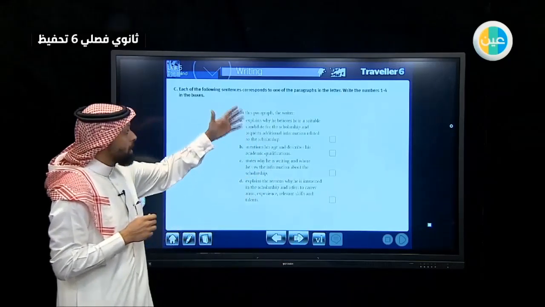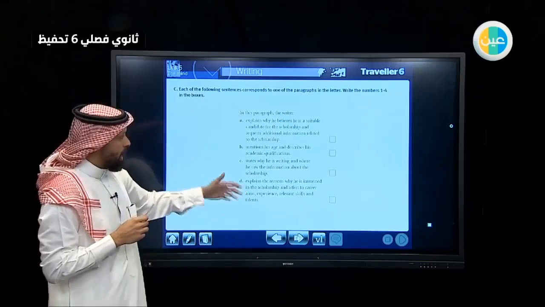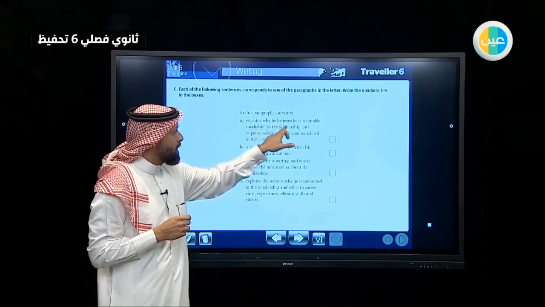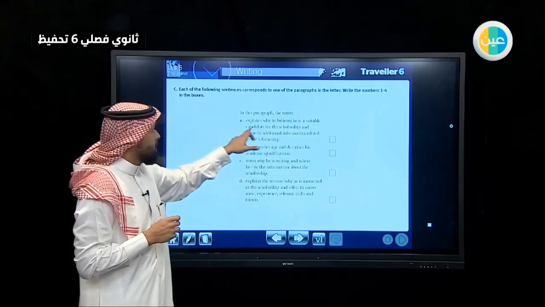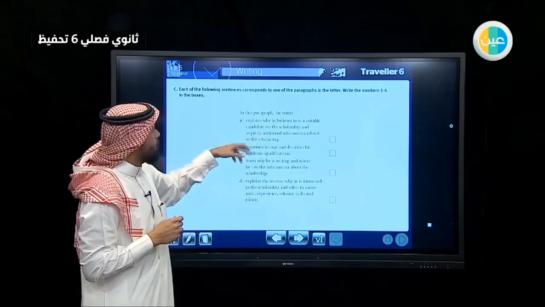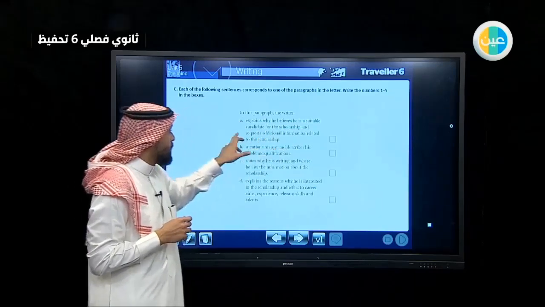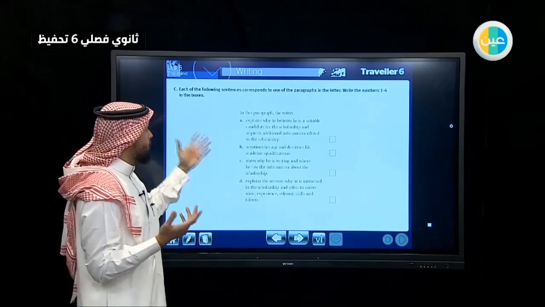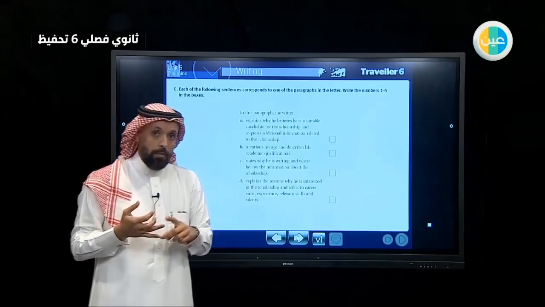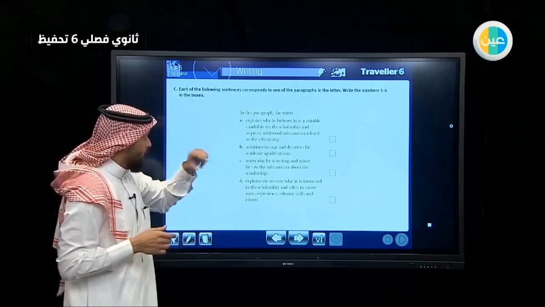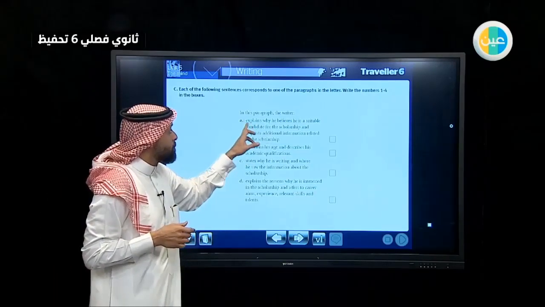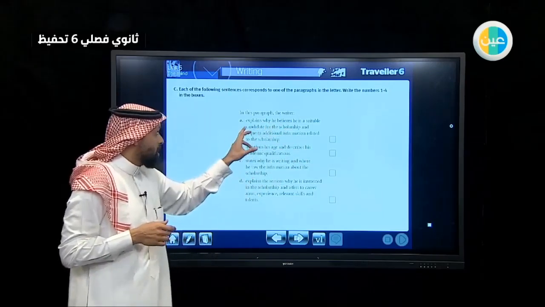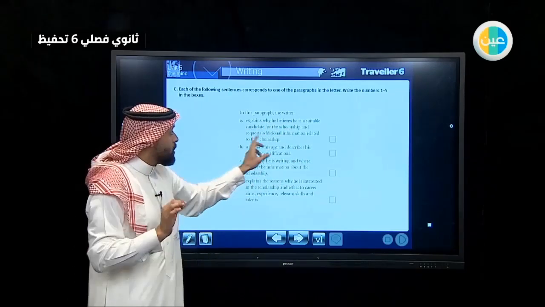Now, which paragraph is talking about these items? A explains why he believes he is a suitable candidate, مرشح مناسب, for the scholarship and requests additional information related to the scholarship. Which paragraph? Is it paragraph number 1 or number 2 or number 3 or number 4? Again, which paragraph explains why he believes he is a suitable candidate for the scholarship and requests additional information?